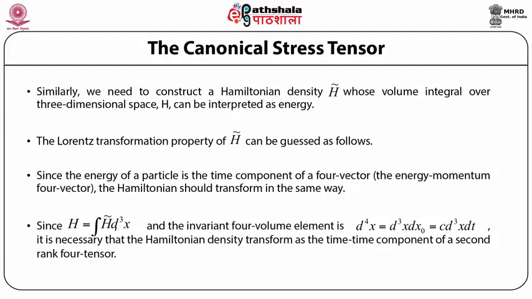Since H equals the integral of script H d cube x and the invariant 4-volume element is d4x equals d cube x dx naught equals c d cube x dt, it is necessary that the Hamiltonian density transform as the time component of a second rank 4-tensor.